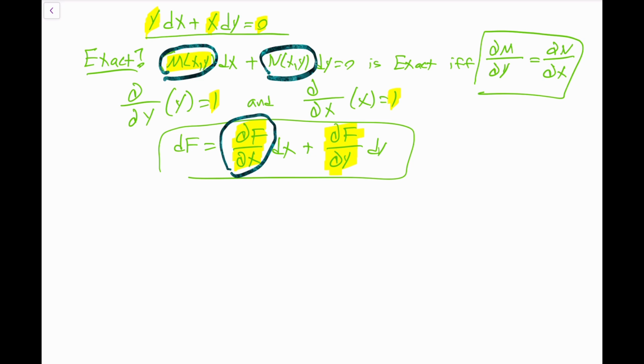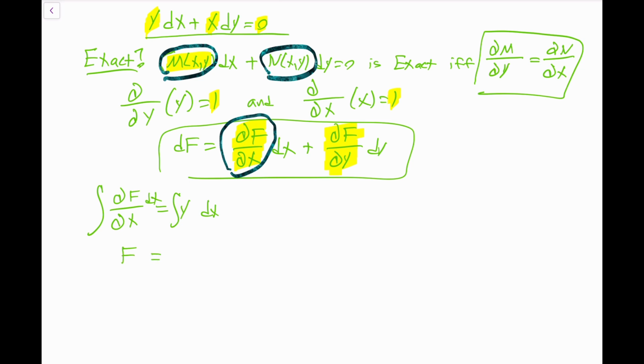So the first thing we'll do, we'll say that the partial of f with respect to x is equal to M of x,y, which happens to be a y. All right, let's just anti-differentiate both sides with respect to x. So the left-hand side, we get an f.